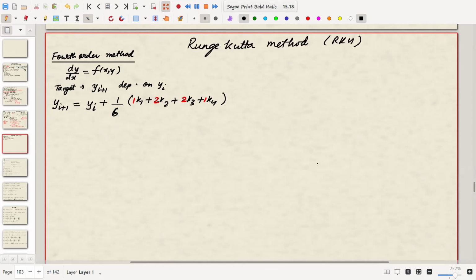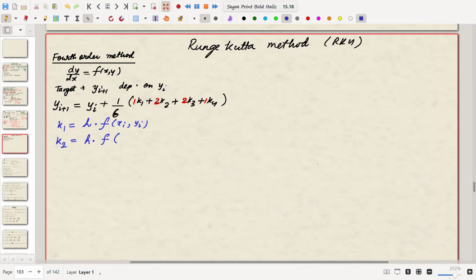Now the question is, what are each of these k_i's? What is k1? k1 is h, the step size, multiplied by the function value at x_i, y_i. What is k2? k2 is h multiplied by a function value evaluated at a different set of x and y, that is x_i plus h by 2, comma y_i plus k1 by 2. So k2 depends on k1.